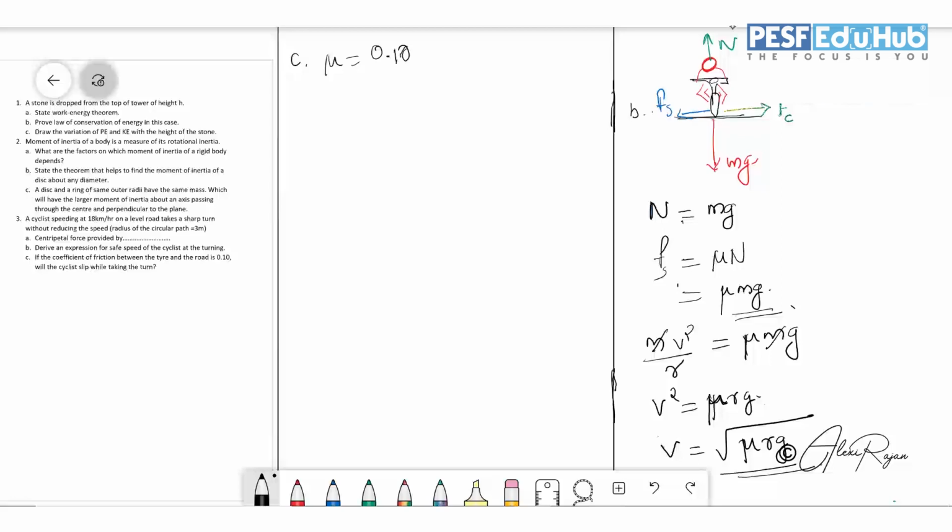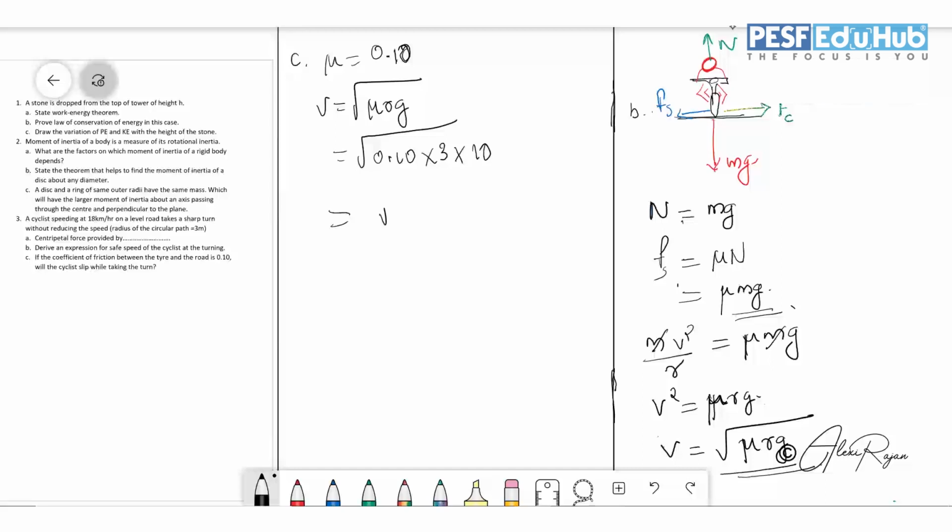From the previous equation, v is equal to root mu r g, and you just substitute the values: 0.10 into r, the radius, which is given as 3, into g, 9.8, or simply I can write it as 10 for my convenience.